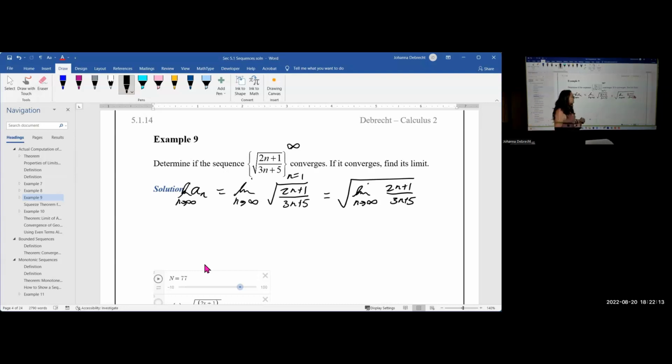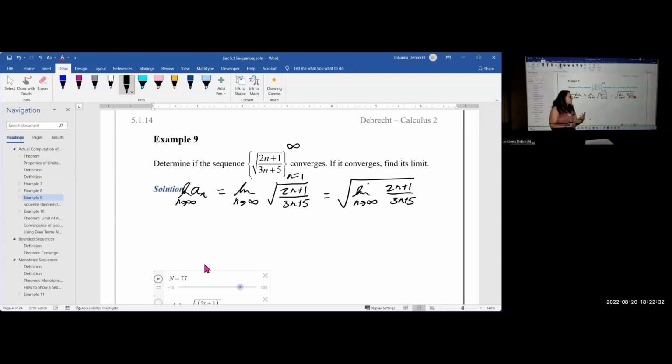Limits are everything, right? Okay, so in other words, I can pull the limit under the square root. Well, I can also pull the limit into the numerator and the limit into the denominator, or I can just look at this and do L'Hopital's rule. This has form infinity over infinity.